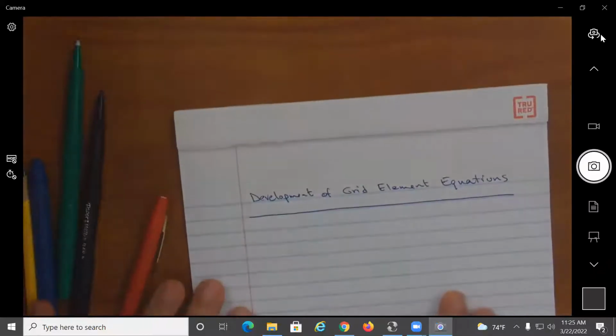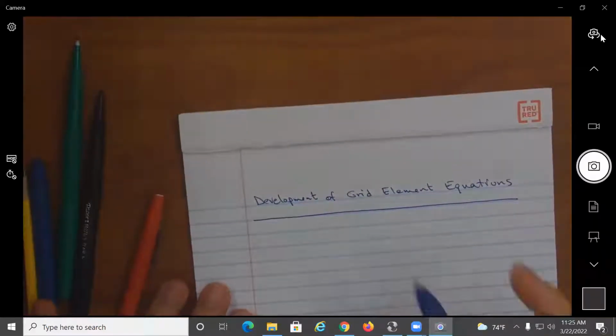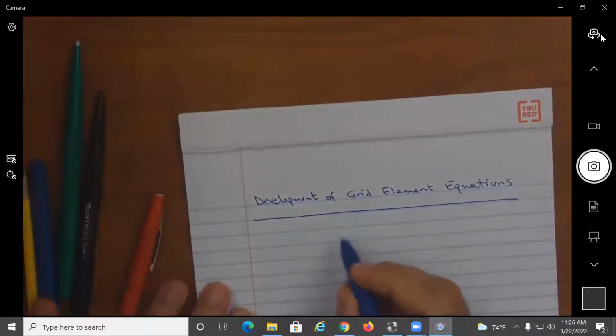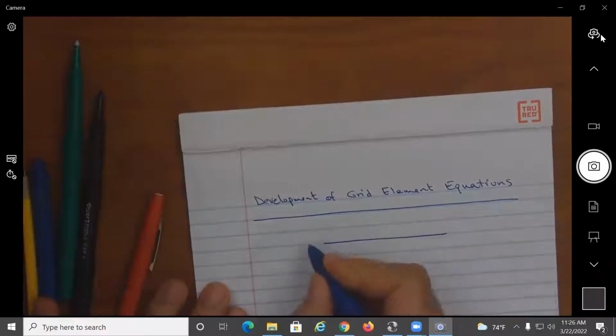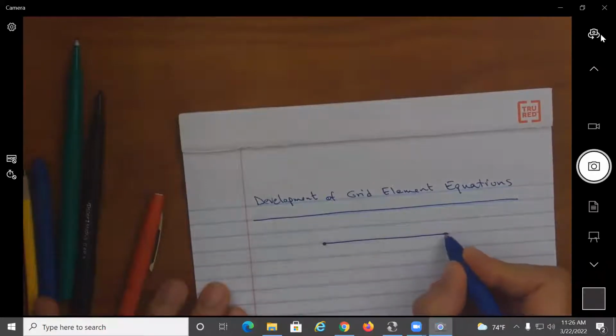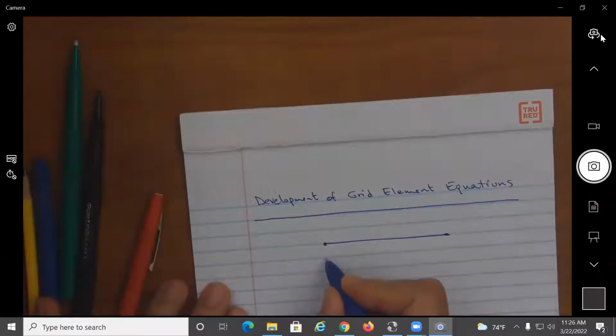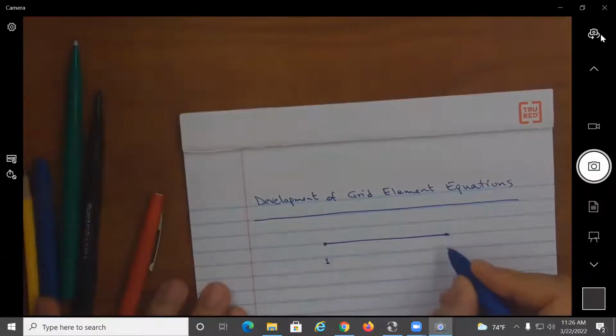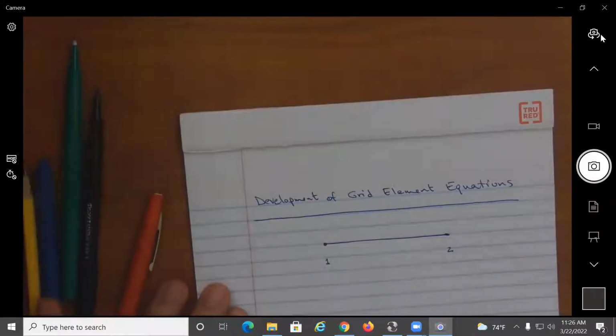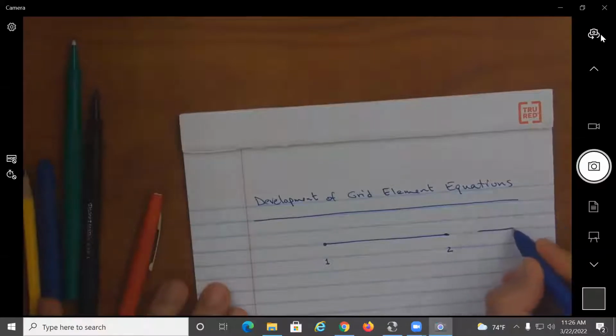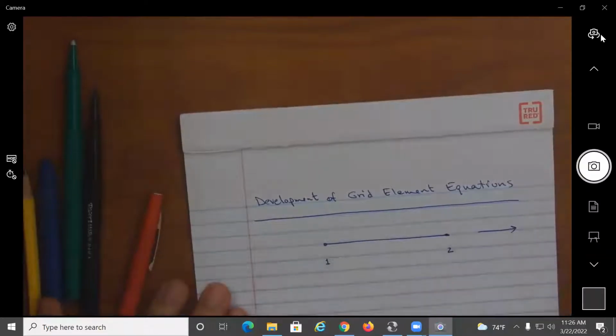So development of grid element equations. As usual, we are going to look at a 2D element, simple. So we're looking at an element that extends between node 1 and node 2. And we are looking at local coordinates where the element is oriented along the x prime axis.